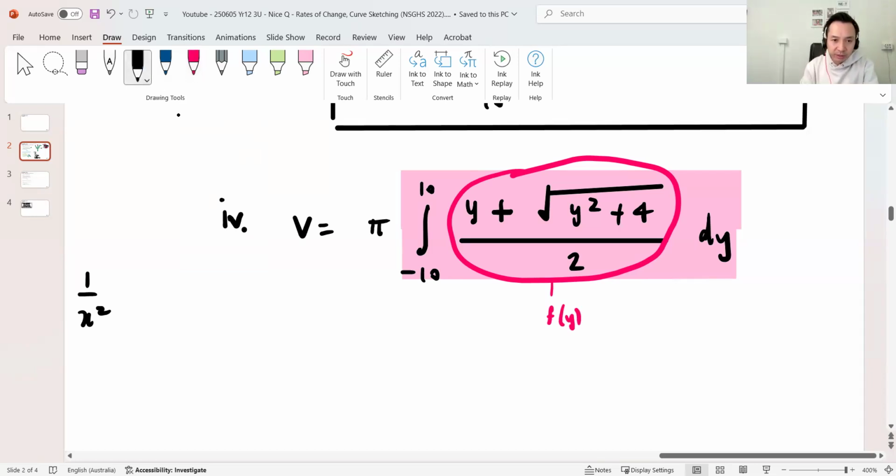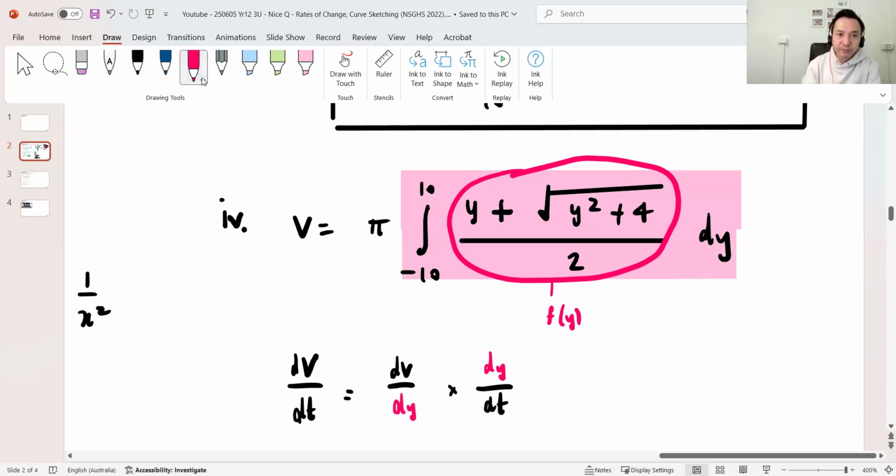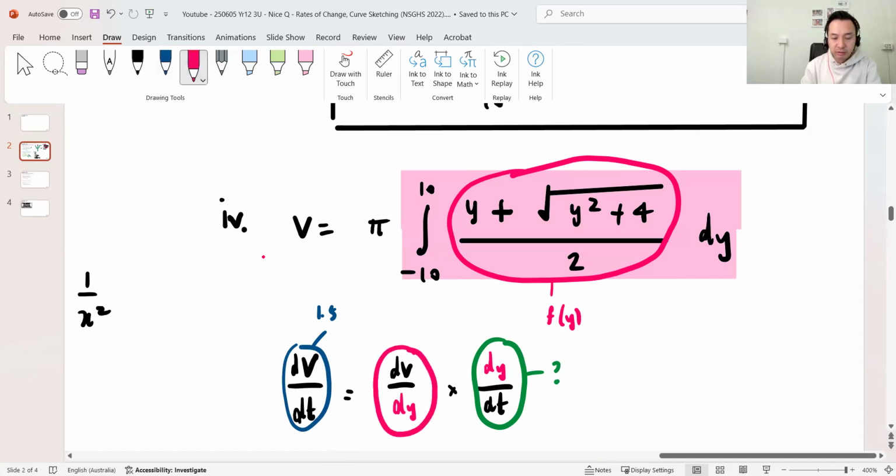Because when I apply the chain rule to this, dV/dt will be dV/dy times dy/dt. Now, the question has dy/dt as the thing I need to find, and dV/dt as the thing that's given, 1.5. I now need to find the expression for dV/dy.